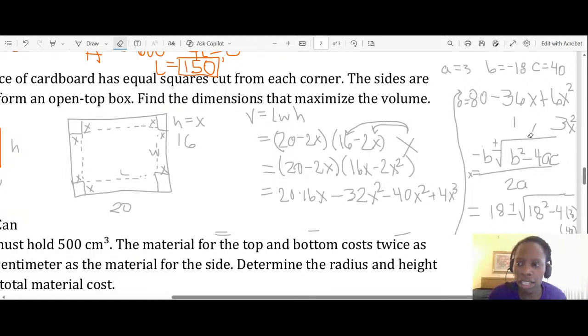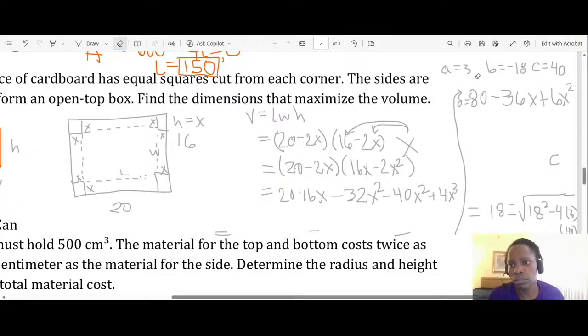We can't have negative area, and we can't have imaginary roots. So we definitely want to fix that. Let's see where I messed up. I just wish I could wipe it clean because it's not erasing.